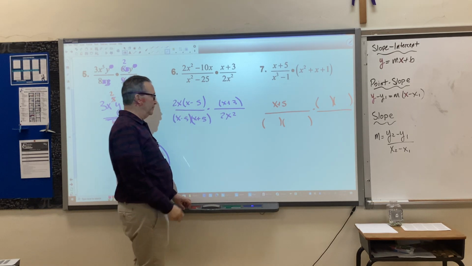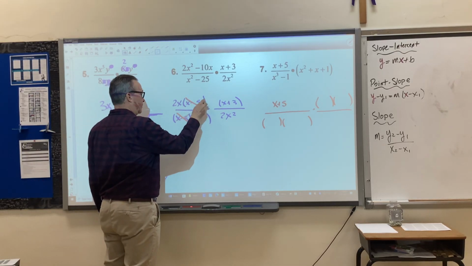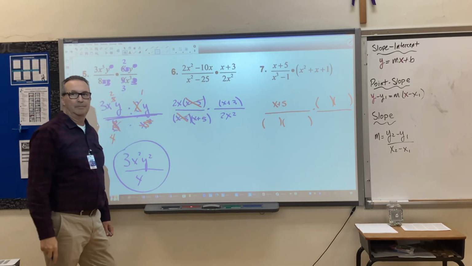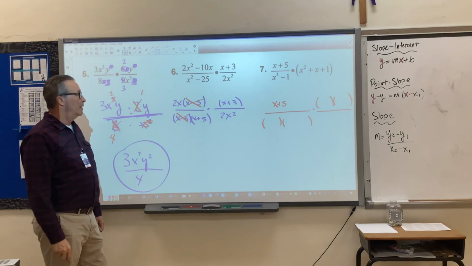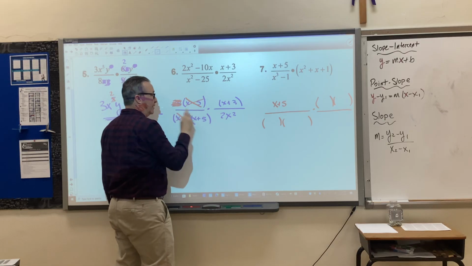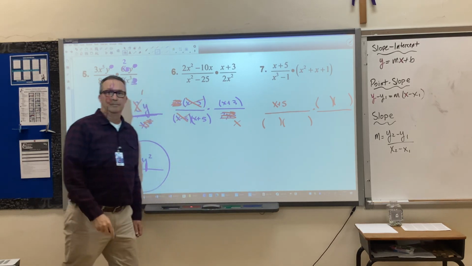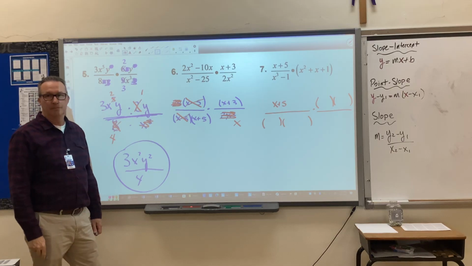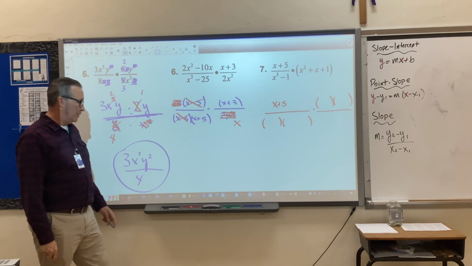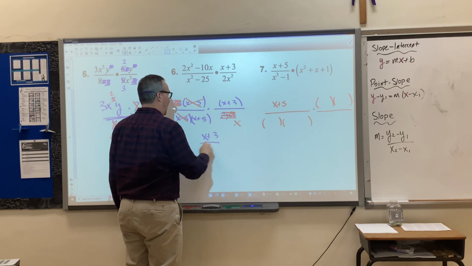What can we cancel? X minus 5 and 2x. 2x I can cancel. I get rid of 2x here, I get rid of 2x here, and left with just an x there. Anything else? Good job. X plus 3 on the top, x times x plus 5 on the bottom.